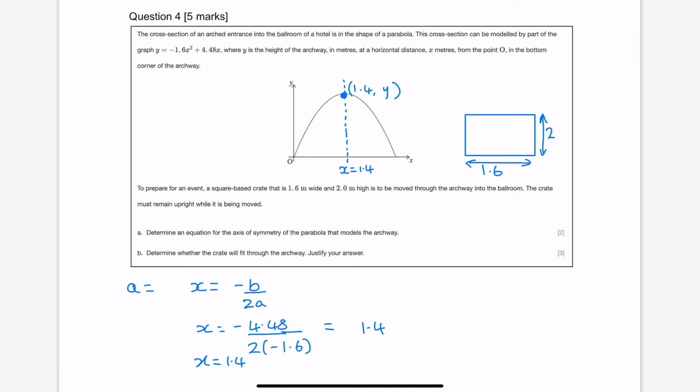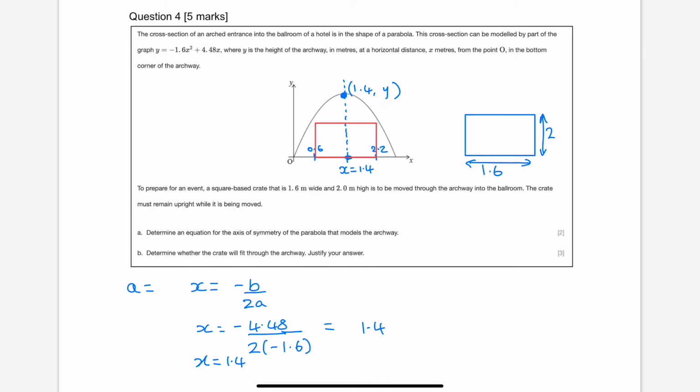So if it's 1.6, if I center it around this middle point, then half of it is going to be either side. So that's 0.8 either side of it, which is going to take me to 2.2 and down to 0.6. Okay, and that's where my box will then fit. So it'll be somewhere here.